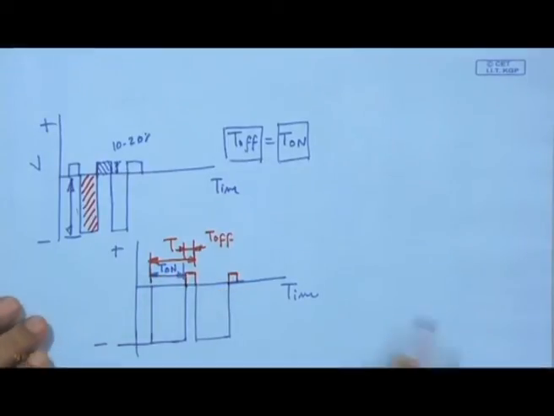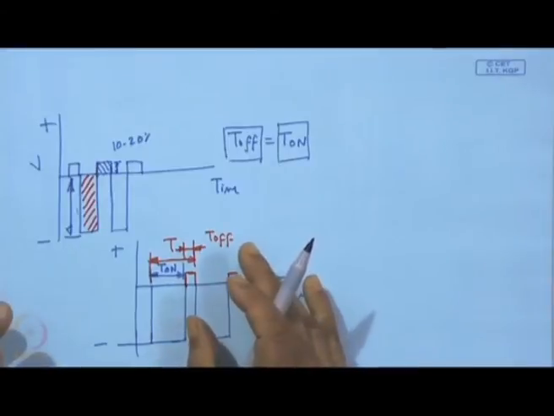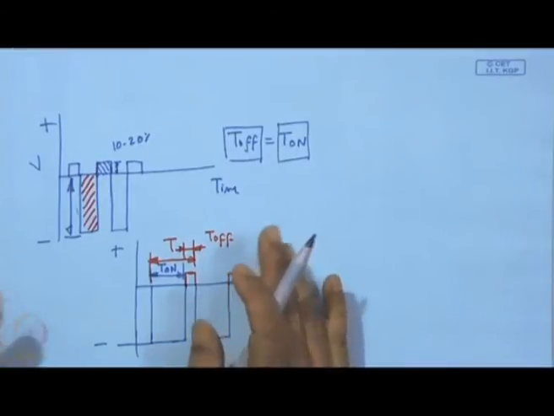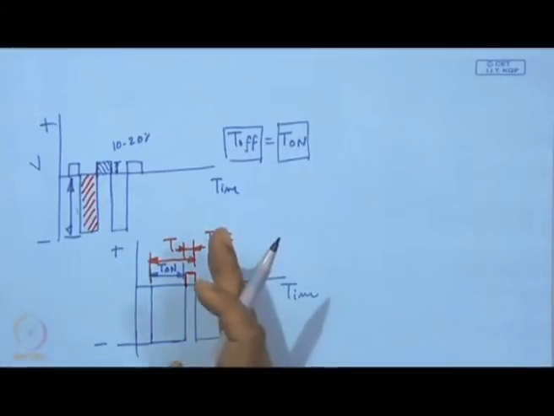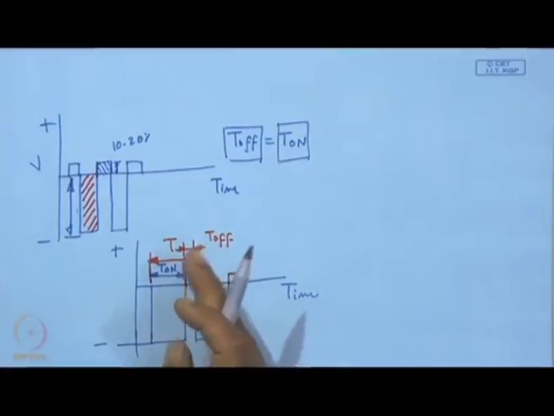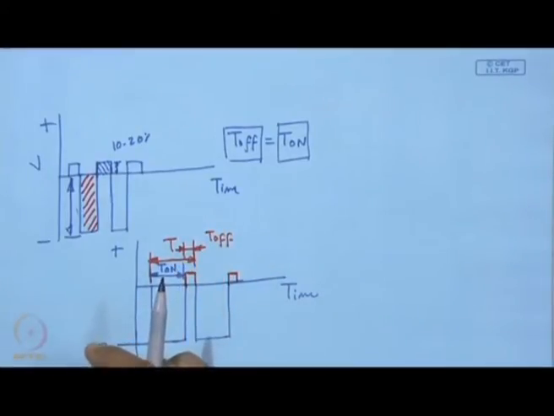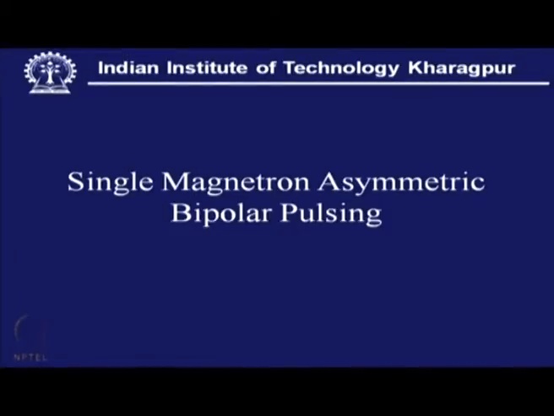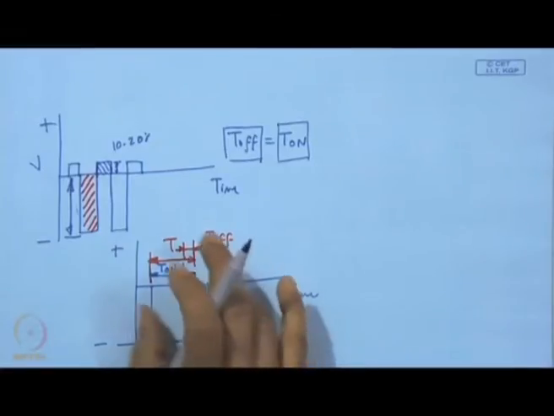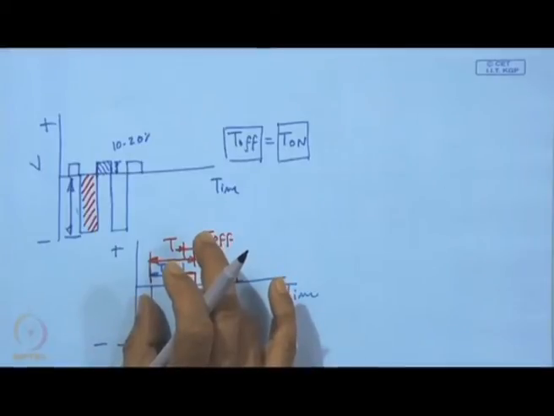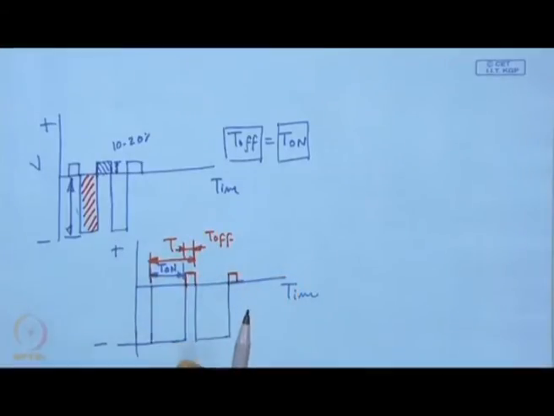So, this is also one way of getting the thing done, and in most cases it is also a consideration to have a little bit of positive polarization, and this off period is a small percentage of the total time width or the pulse width. So, this is not symmetric, neither in terms of polarization nor in terms of apportionment of the on and off time.